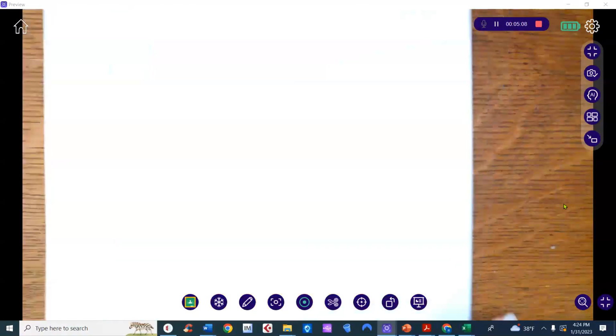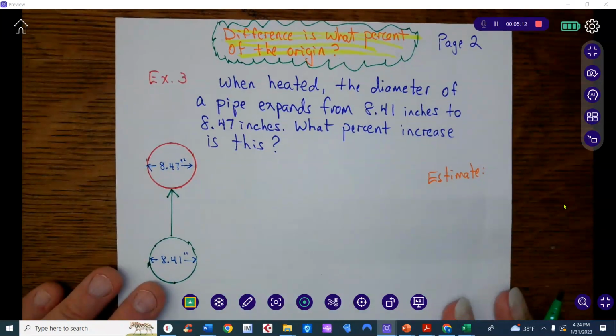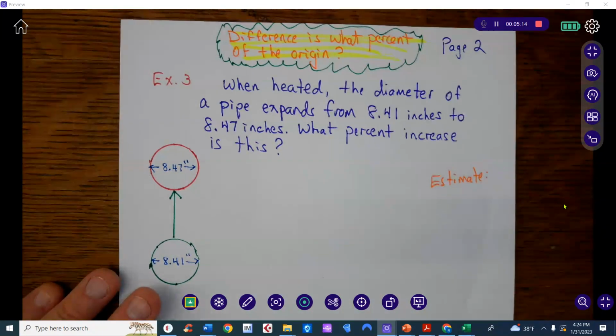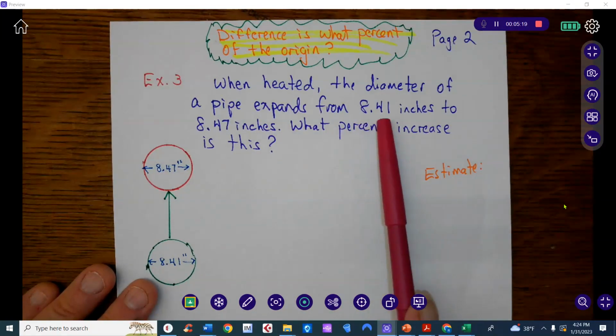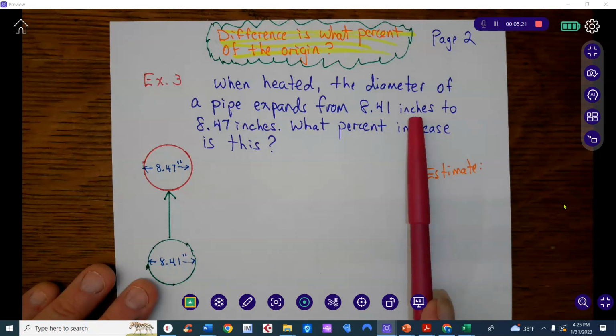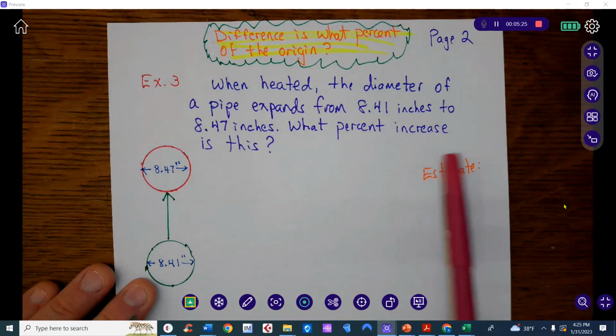All right, let's go to a third example. This is going to involve a real small number. When heated, the diameter of a pipe expands from 8.41 inches to 8.47 inches. What percent increase is this?